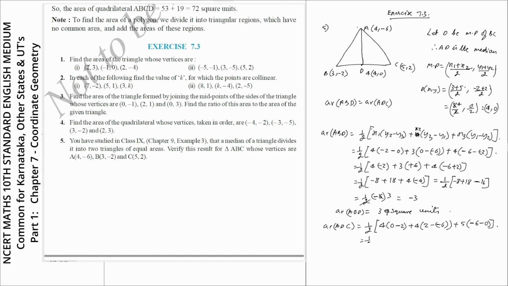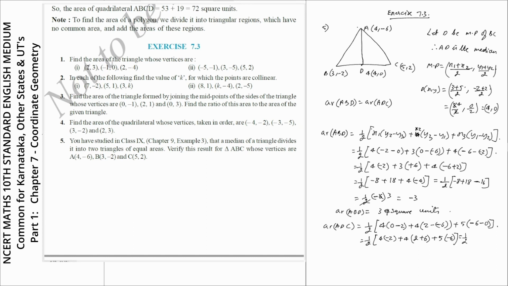So this is equal to half. So 4 into 0 minus 2 is minus 2 only, then plus 4 into 2 minus of minus 6 is plus 6, plus 5 into minus 6 minus 0 is minus 6 only. So this is equal to half.